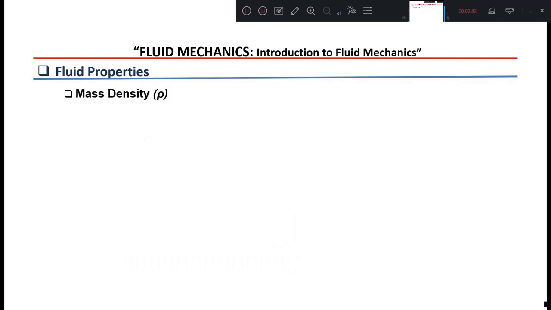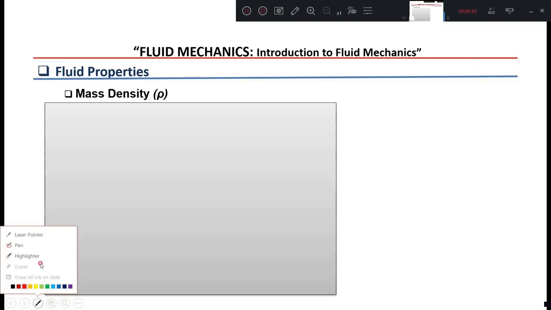Let us take the first property, mass density. Here we are going to define what is mass density, which is also called specific mass. Let us first define what is mass. The mass of an object is a measure of how heavy or how light the object is.